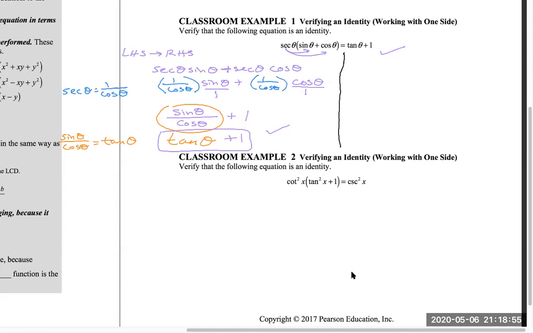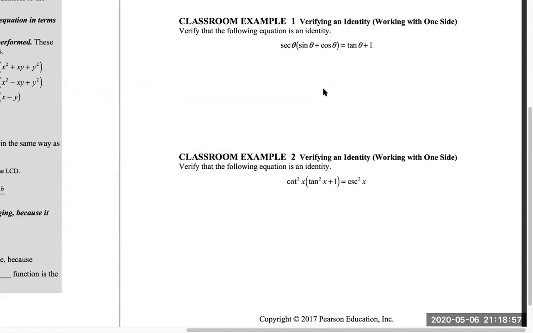Okay. For this one, let's actually try to confirm the other way and see what the differences are. So for this one, we're going to show right-hand side turns into left-hand side. So for this one, you would change tangent theta into sine theta over cosine theta, that's plus 1.